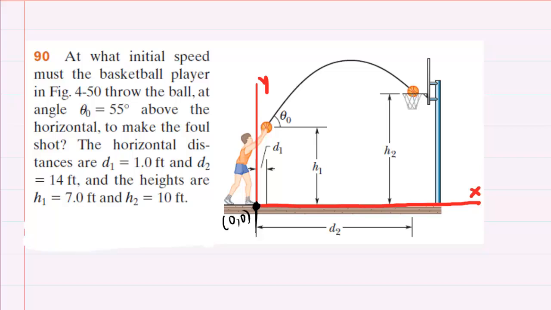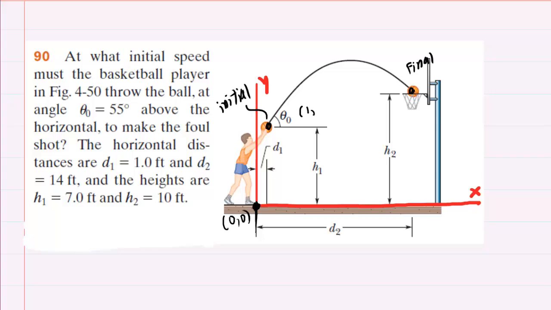Now, from that origin, we want to figure out the initial coordinates of the ball and the final coordinates of the ball, which we can actually do based on the given information. Let's first label that point final, and then this point right in there, the initial. To get the initial coordinates, we have to know what this little gap D1 is. That's given as 1 foot. So the initial x coordinate of the ball's release point would be 1 foot. So we'll say 1 comma.